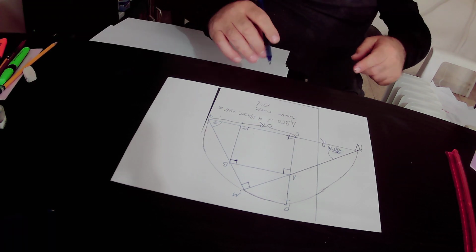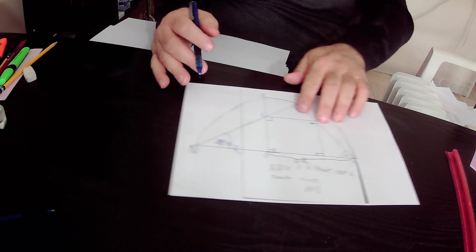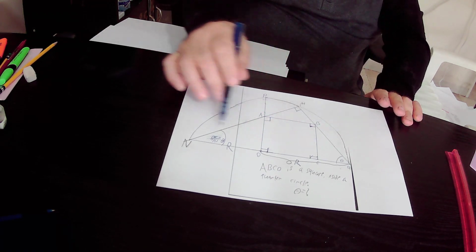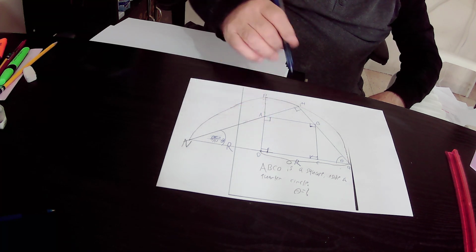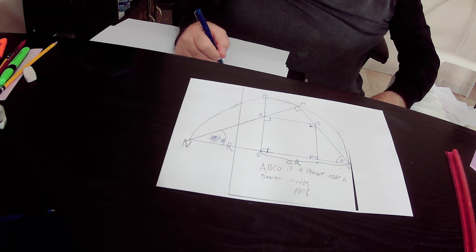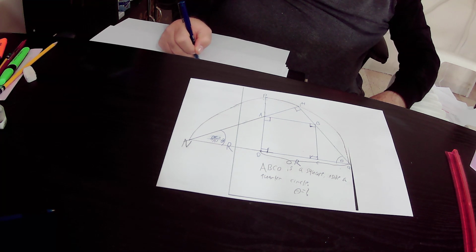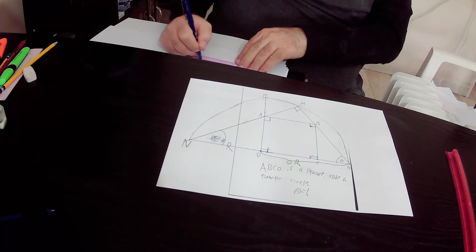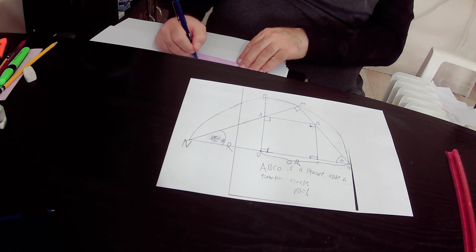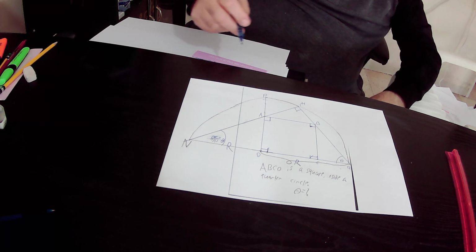So if we focus on the upper side of the straight line NQ at point O, then the sum of the angles on the upper side of NQ at point O must be equal to 180 degrees according to rule number 2.